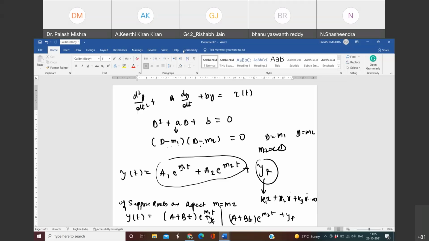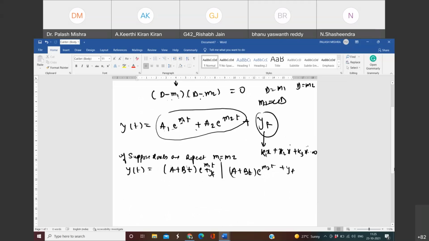So then definitely you don't have to write two different equations. You have to write one linear equation. As many roots as there are, that will be the order of that equation. But as of now, because only second order differential equations have been covered, it has come only as a plus bt.